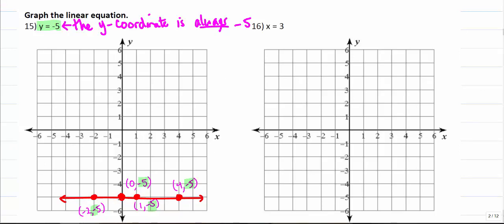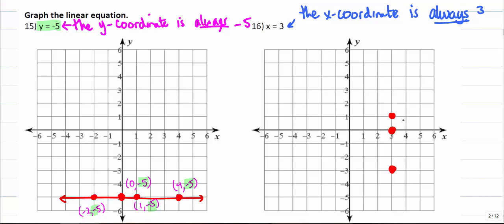Now, the next one says x equals 3. Well, that means the x coordinate, which is the first coordinate, is always 3. So, for example, this point right here, this point right here, this point right here. That's (3, 0).